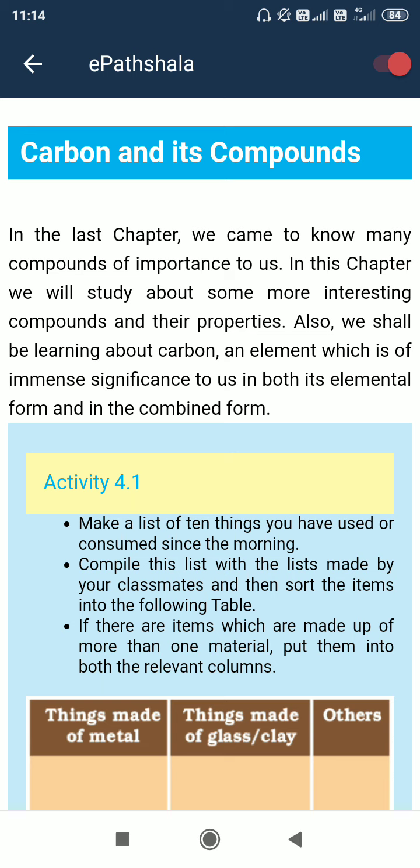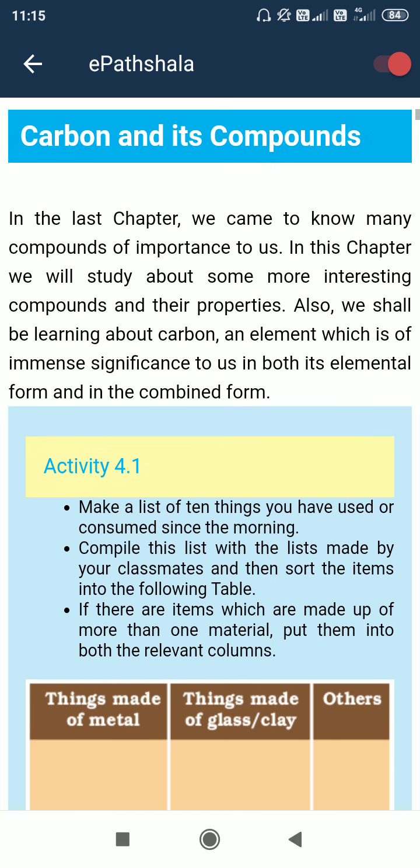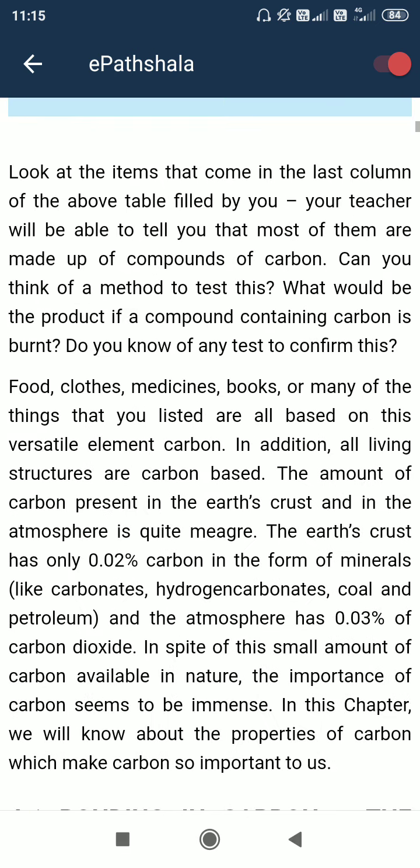It means 6 protons are there inside the nucleus, and outside the nucleus 6 electrons are revolving, and the nucleus also has neutrons. The number is 6. So 6 neutrons, 6 protons inside the nucleus, and surrounding the nucleus, electrons are 6. This is the carbon element.